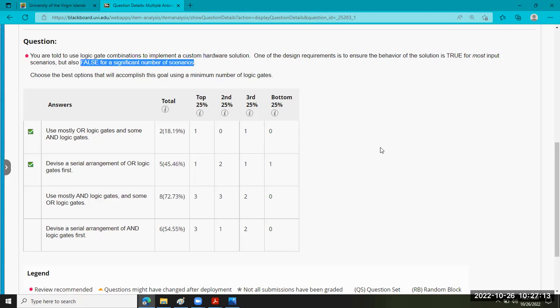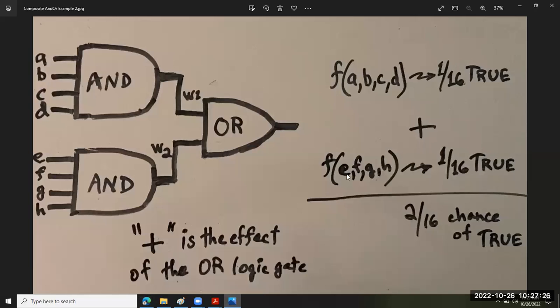That means we don't want an absolute case. We don't want absolute truths all the time, except for one extreme case where everything is false. If we have a mix of falses, that means we're moderating the number of falses that are likely based on the construction. Does that make sense?